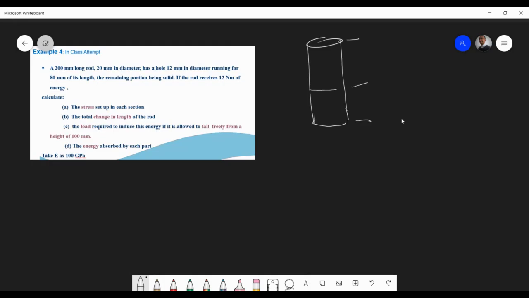So this is the solid part. Then here we have a 12 mil hole. I'm just going to make the hole something like that. Obviously, your sketch is better. Maybe I should make it a bit bigger. Obviously, you get the idea. So that's 120 millimeters, right?